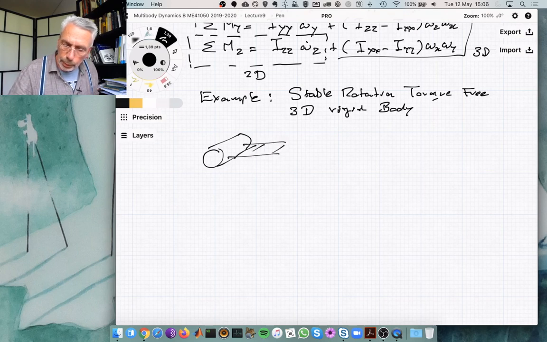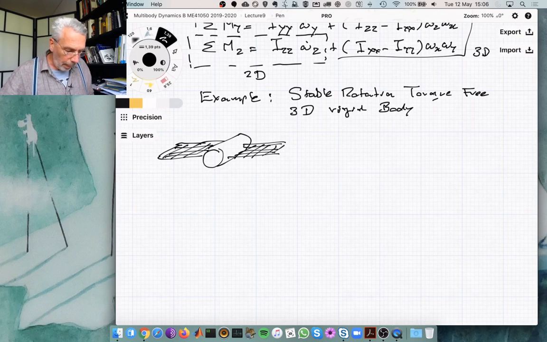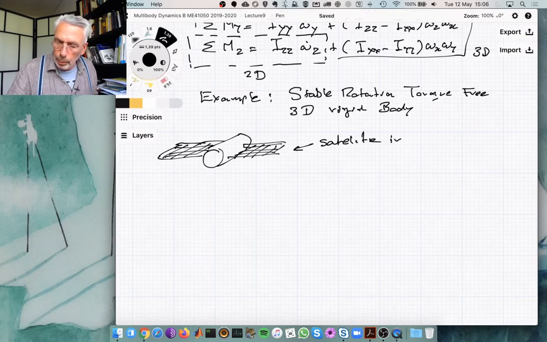Everybody sees, of course, that this is a satellite in deep space, right? These are the solar panels. This is a satellite in deep space. And why do I say deep space? Because then gravity is 0, right?